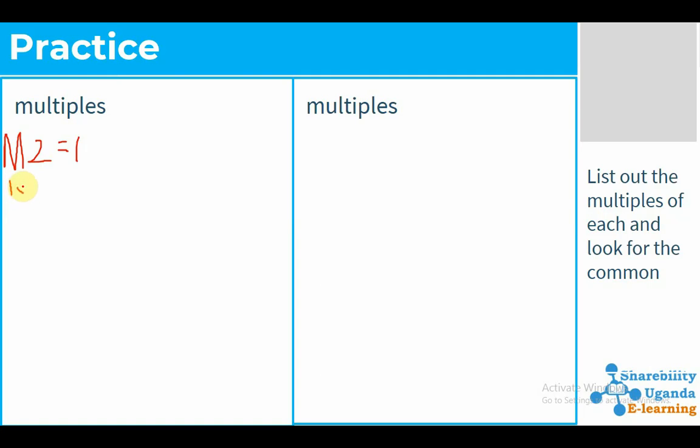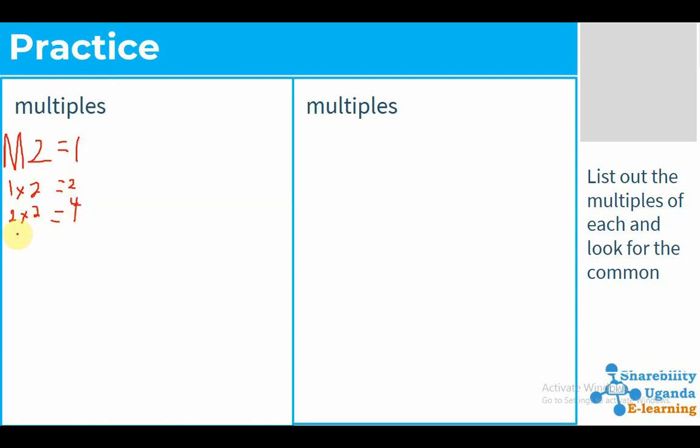So we say 1 times 2, and the product will be our multiple. 1 times 2, we get 2. Then 2 times 2, we get our 4.